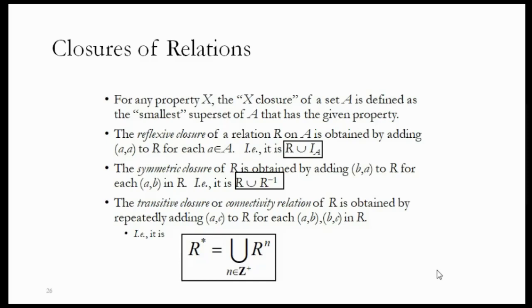Now the transitive closure, the connectivity relation of R, is obtained by repeatedly adding, please remember, repeatedly adding (a, c) to R for each (a, b) and (b, c) in R. That means there should be a connecting point to send your packet from system A to system B. Otherwise, it is not possible.